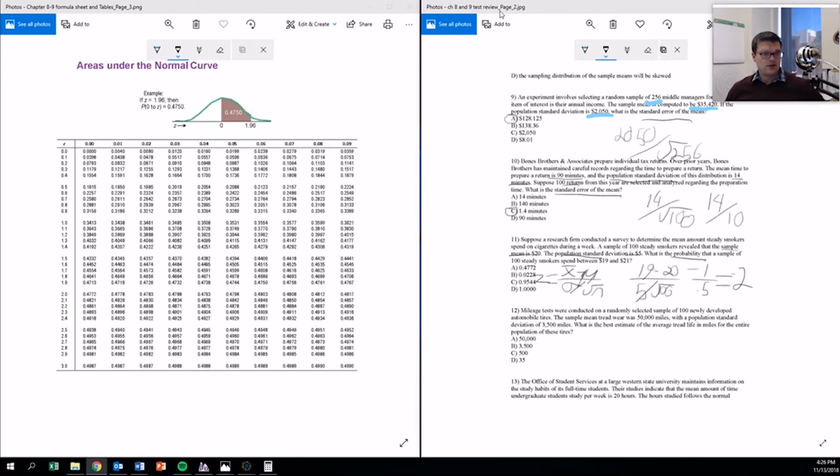So we find 2, 0.4772, and if you do the exact opposite with 21 minus 20 over 5 divided by the square root of 100, that will give you the z-score of 2. So you've got the z-score of 2, and then you've got the z-score of -2.